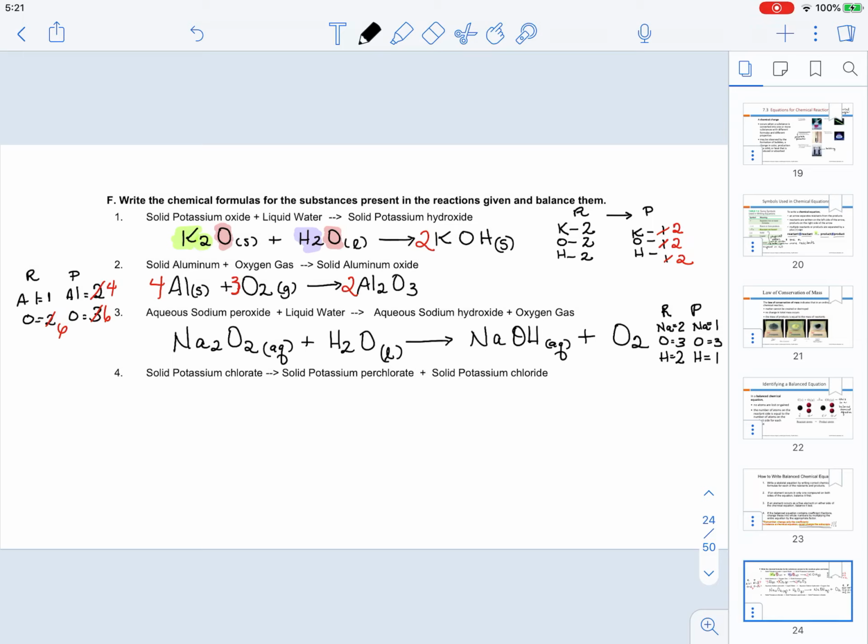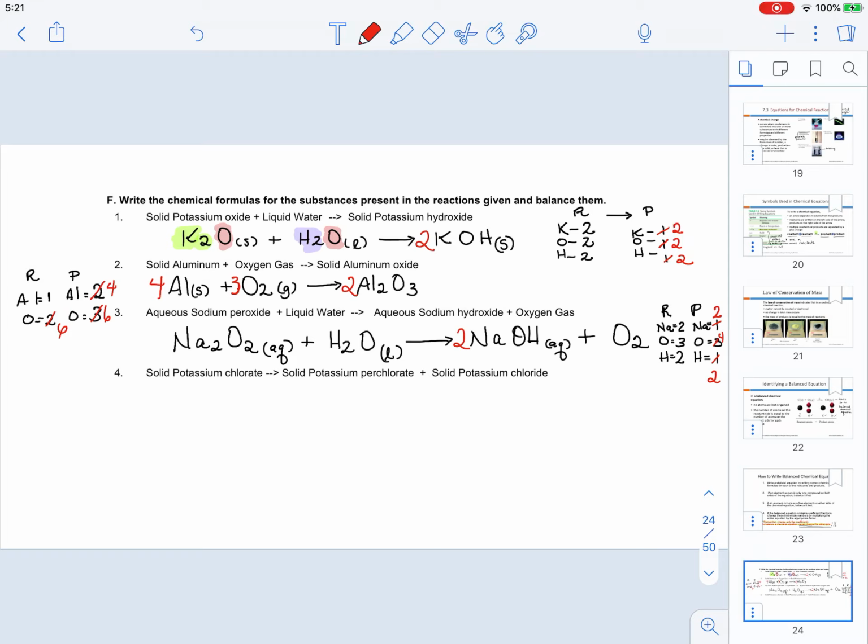If I place a 2 in front of my sodiums, then you're going to increase sodium to 2, but then that affects everything else. Your hydrogen goes to 2, but now your oxygen went to 4. So now we balance the sodium and the hydrogen, but then our oxygen is off.